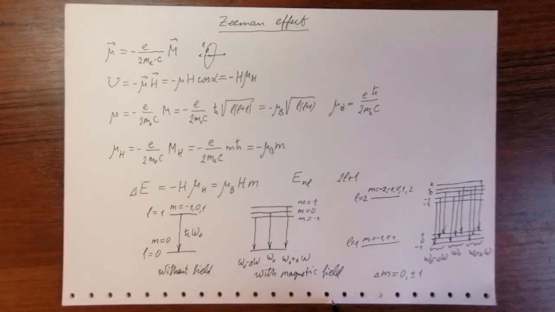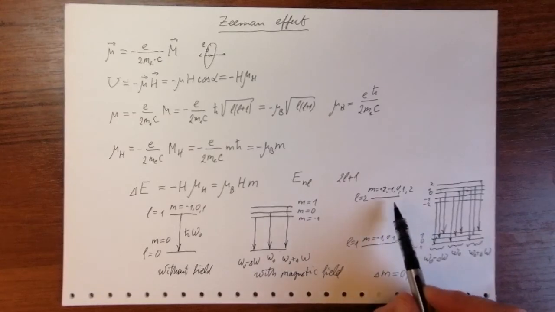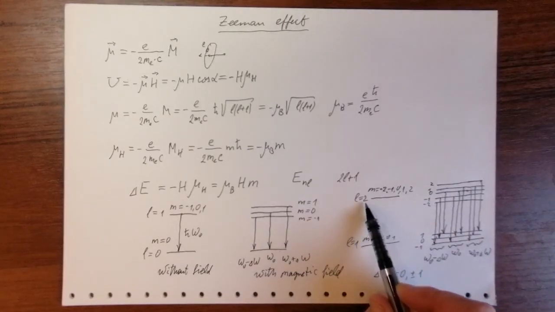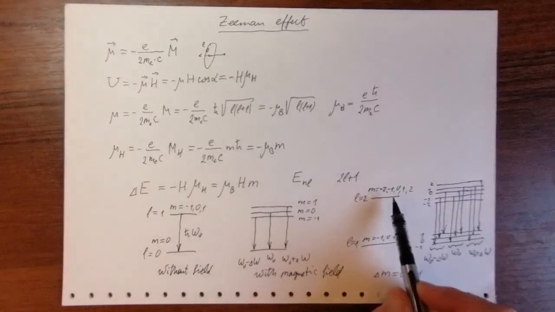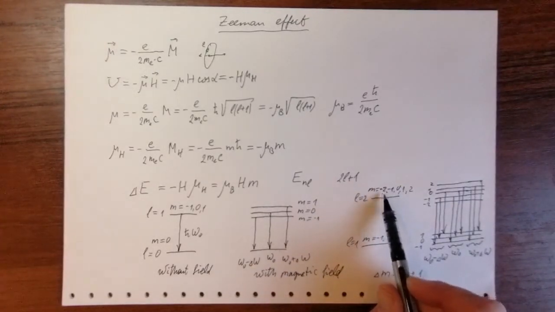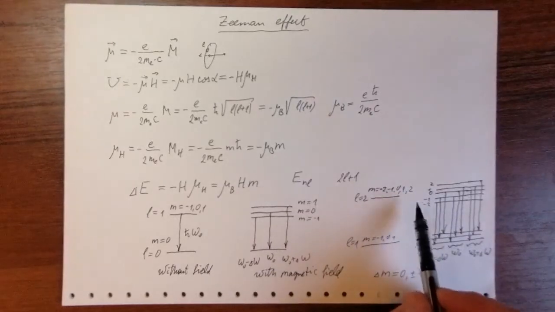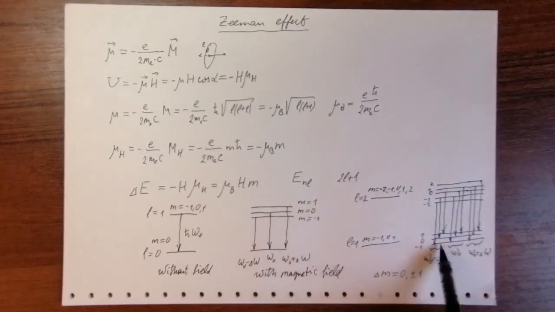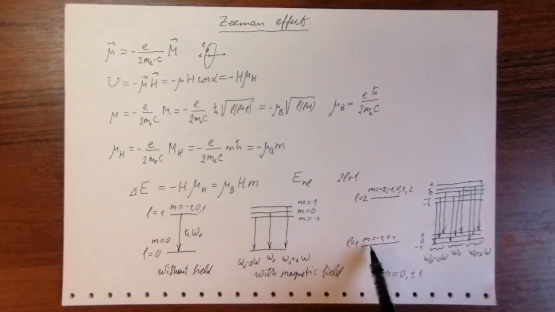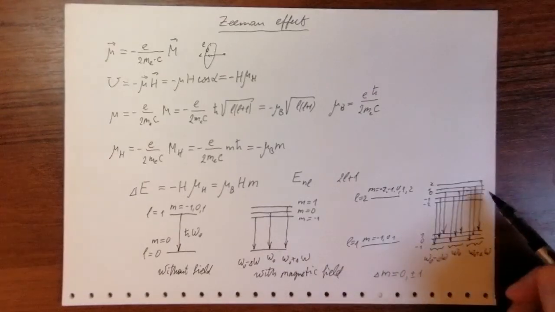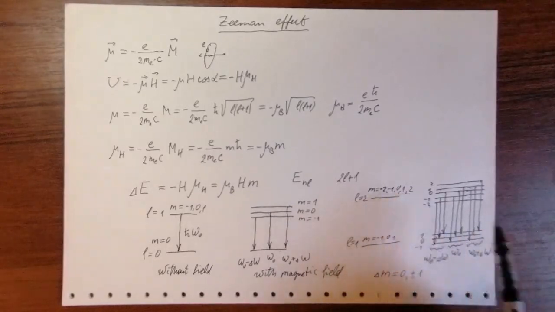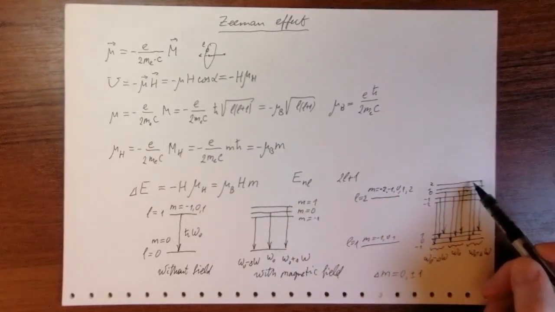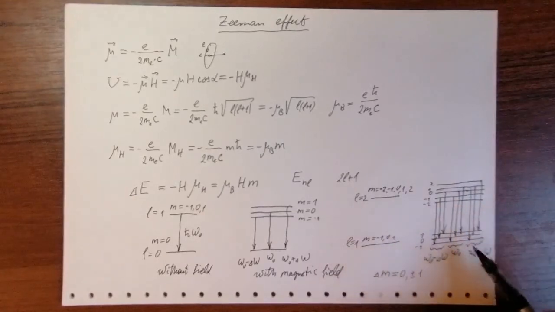Let's consider a more complicated case when transition occurs between two levels. One level has L equal to 2, corresponding M can have values -2, -1, 0, +1, +2, and the lower level has L equal to 1 with M, which can be -1, 0, and +1. Then the upper level is split into 5 levels, and the lower level is split into 3 levels.